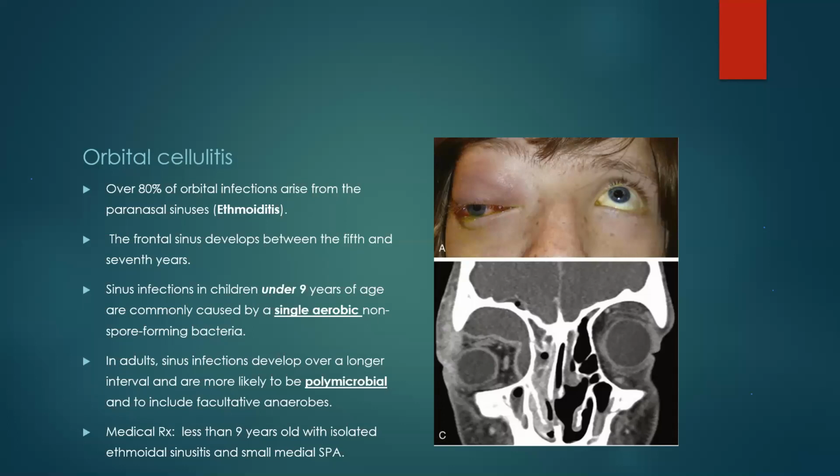The recommendation according to the CAPC guideline, if the patient is less than 9 years old with isolated ethmoidal sinusitis and small medial or superior subperiosteal abscess, this can be treated only with IV antibiotics and no need to go immediately for surgical drainage.